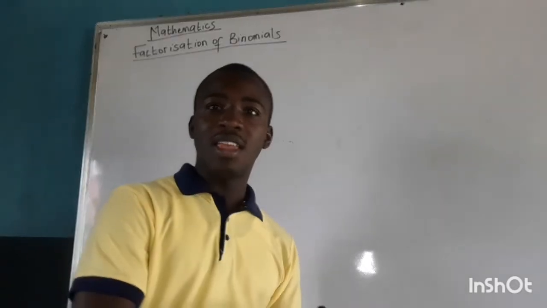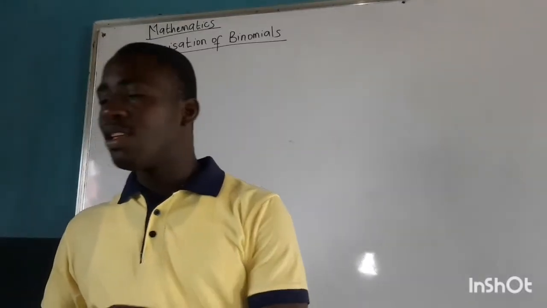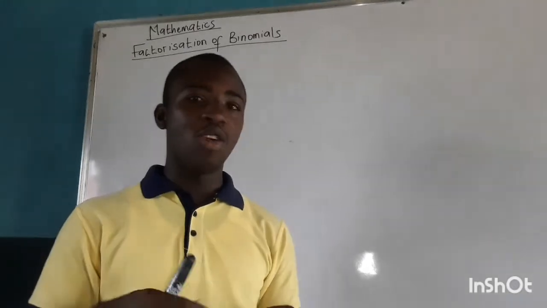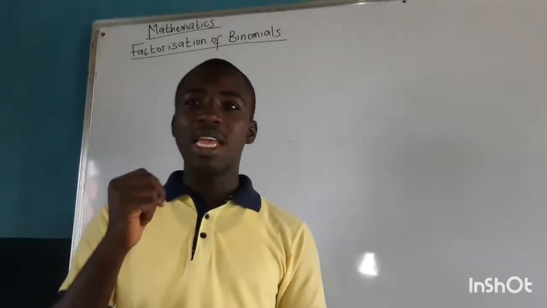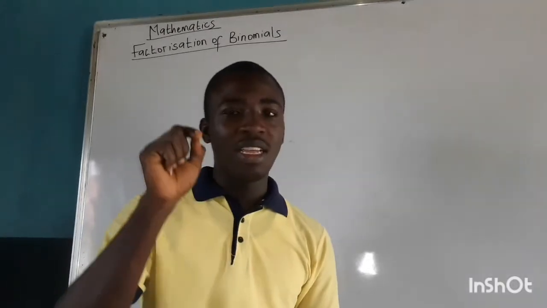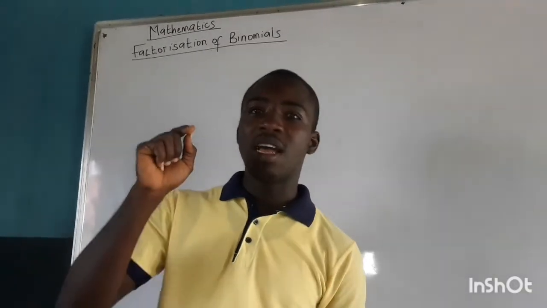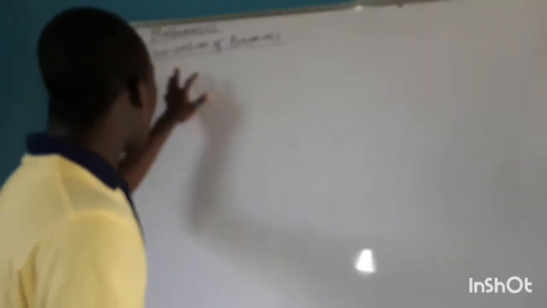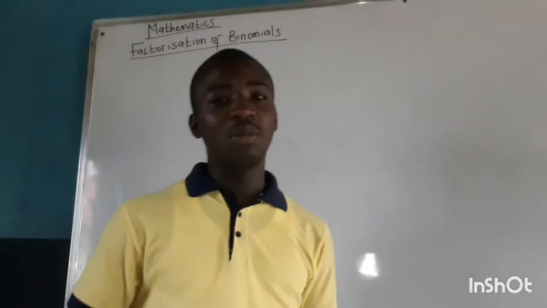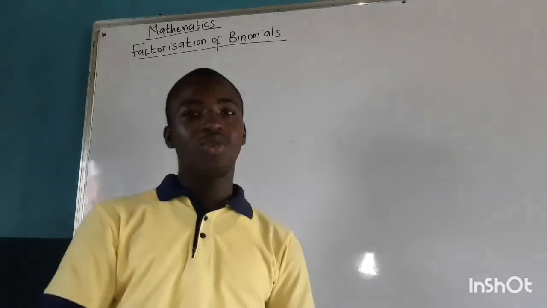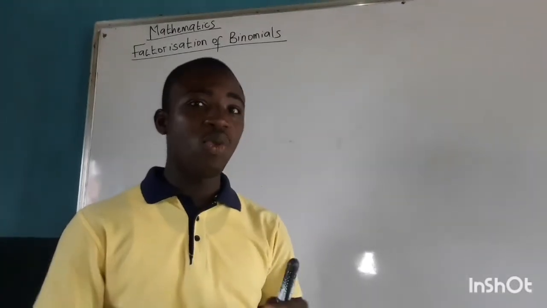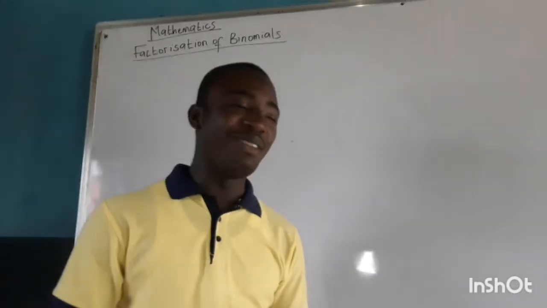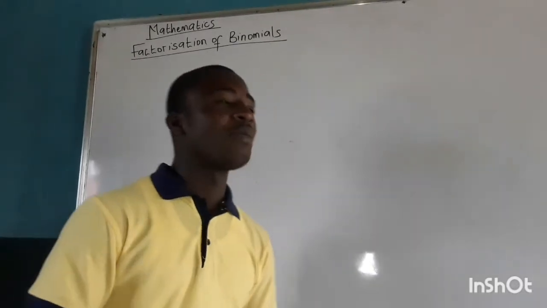You get 5a, you get 3e, so you can say 5a plus 3e, e don become binomial. Bi means two, so when you get two algebraic terms, you go call am binomial expression, or you just call them binomials. So now we dey learn how to factorize binomials, which means we dey learn how to put into brackets two groups of letters wey get numbers. E dey very easy, no dey complex.